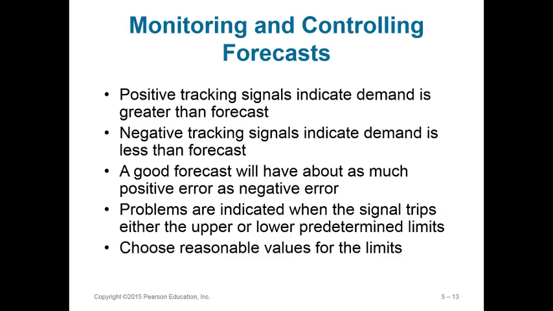If you find that you are consistently under forecasting or over forecasting, and maybe it's a seasonal thing, you might look back at the method that you used to do forecasting.